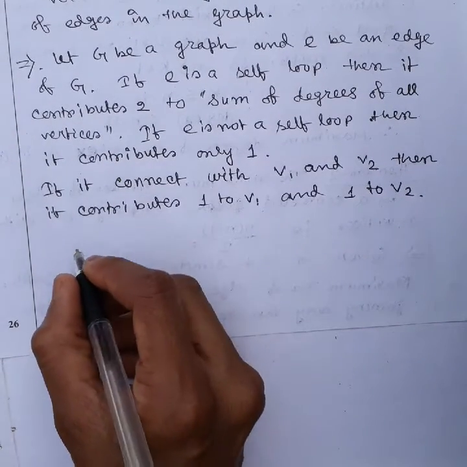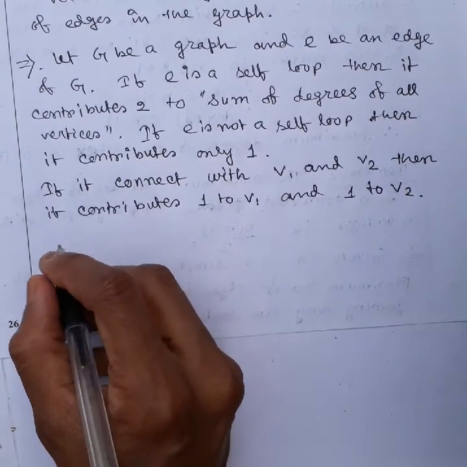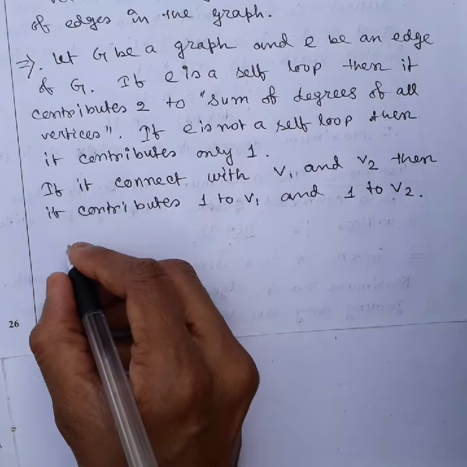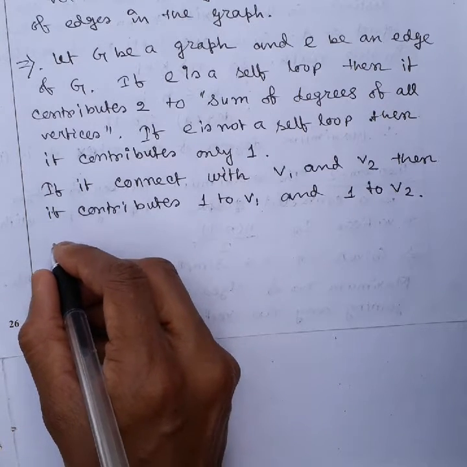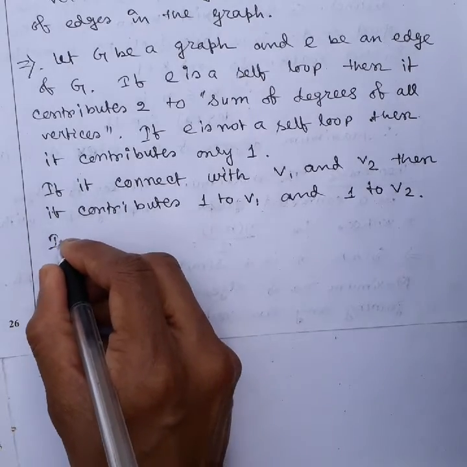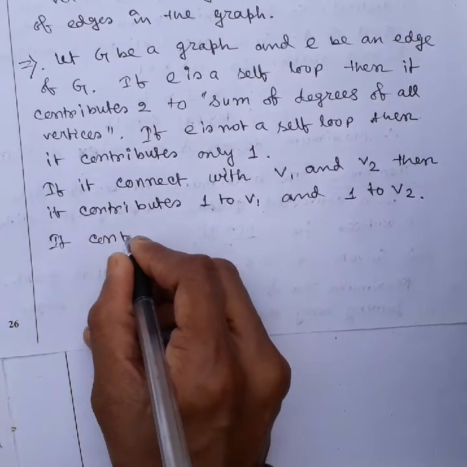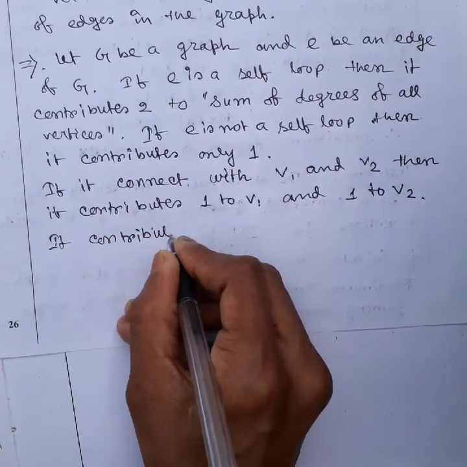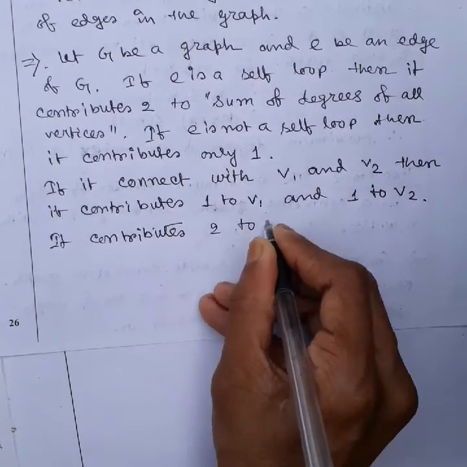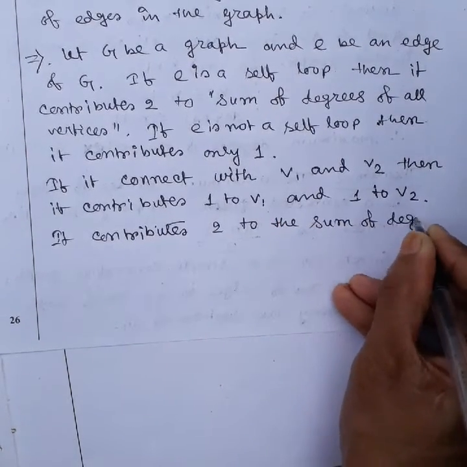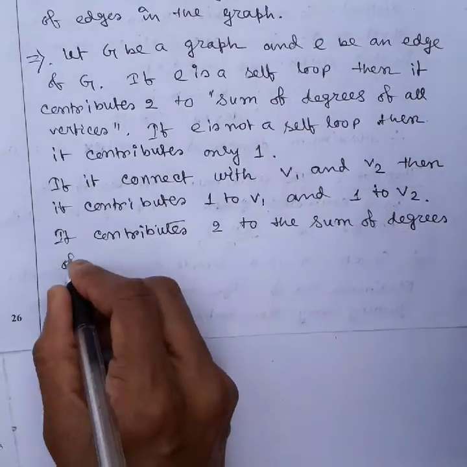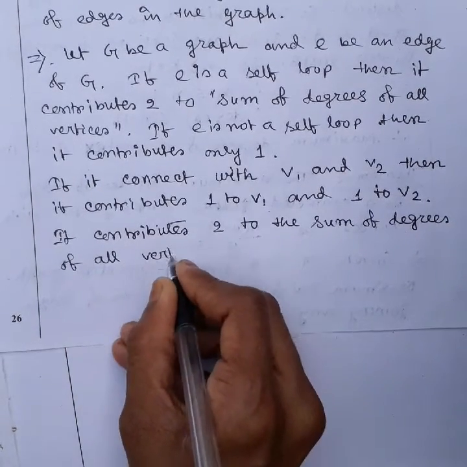That means it contributes 2 to the sum of degrees of all vertices.